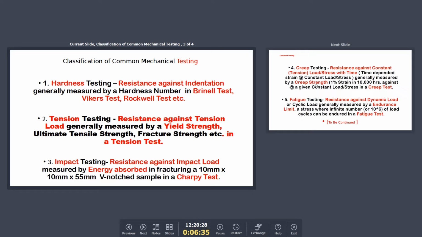But with time, with improvement of design, man wanted to know more theoretically valid strength testing. So we come to the most important mechanical testing, which is known as tension testing.